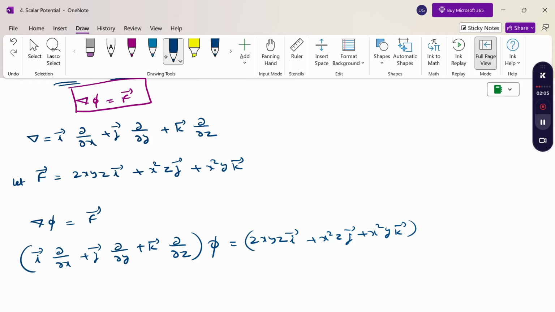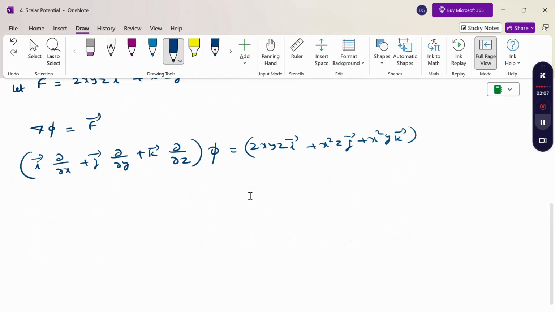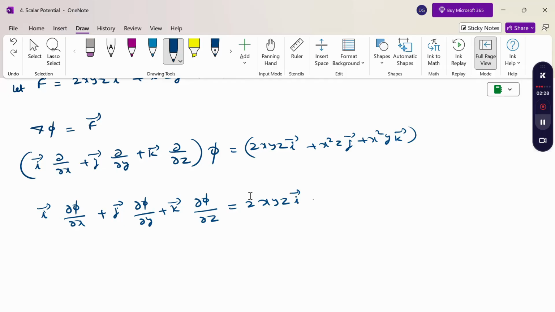Now equating this, before that multiply pi inside the bracket: i vector dou pi by dou x plus j vector dou pi by dou y plus k vector dou pi by dou z, equal to the right hand side 2xyz i vector, x square z j vector, x square y k vector.